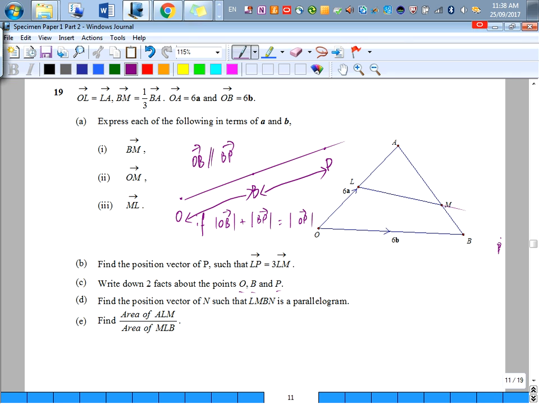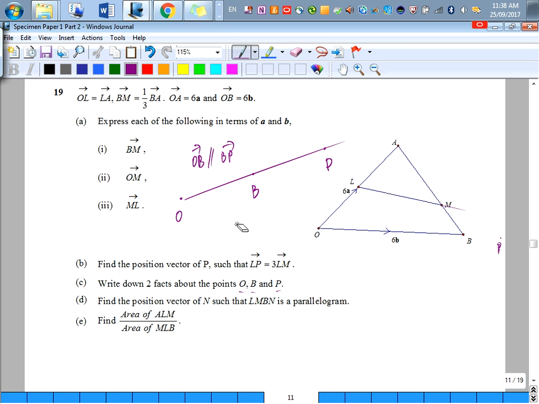Because if they do not add up to OP, then the line will look something like that: O, B, and P, such that the magnitude of OB plus BP doesn't equal OP. As long as it is equal, it means they are on a straight line already, because there is no other way it can happen. But this is quite rarely used so far. But you should still know it.